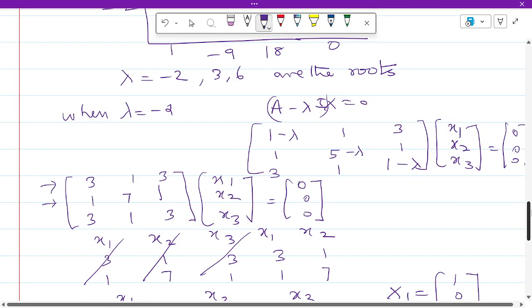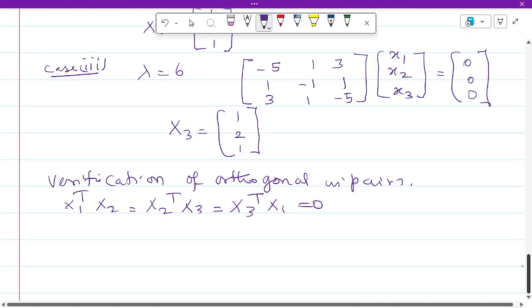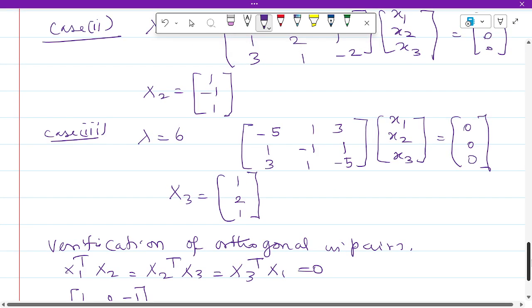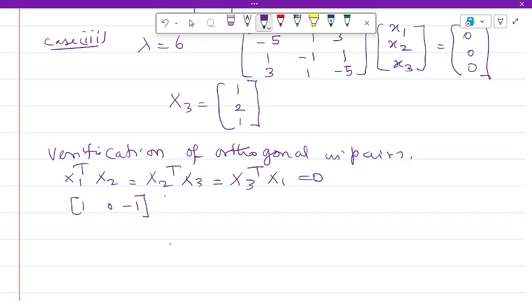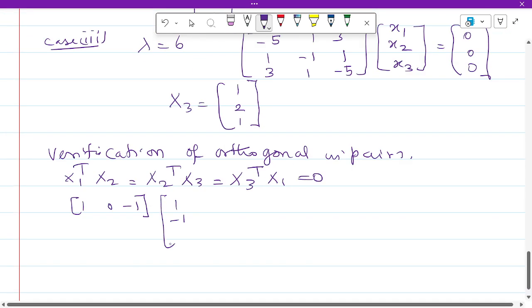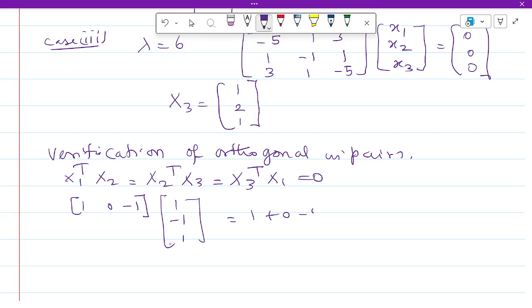So what is x1 here? X1 is 1 0 minus 1. X2 is 1 minus 1 1. So you will get 1 plus 0 minus 1, it is 0.